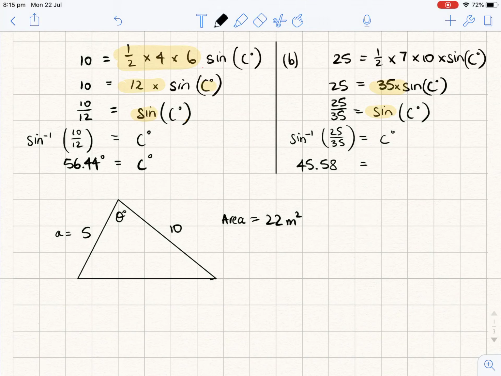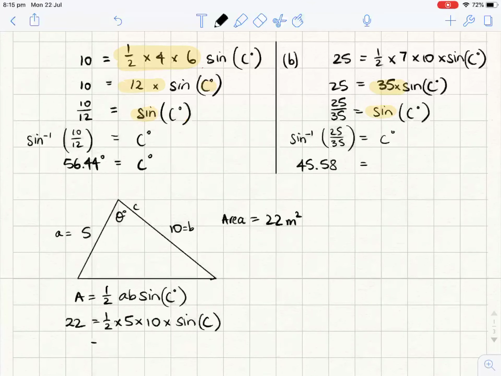If that was A, that was B, and this part was C, I could write that the area is a half AB sine C. Now I've chosen my rule, substitute what I know. The area is 22, A is 5, B is 10. Find out what C is. Complete the easy bit, which is to simplify those numbers at the front.